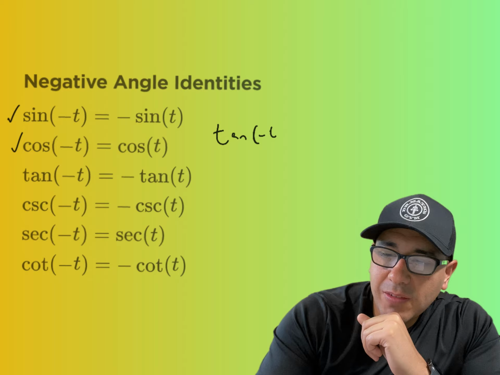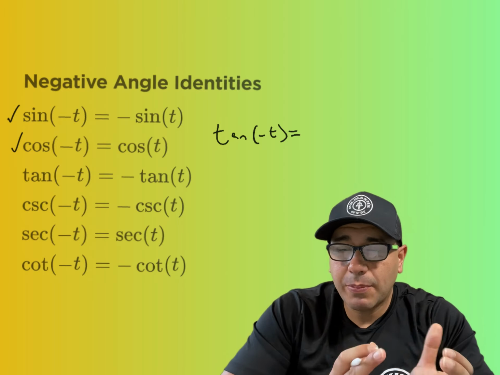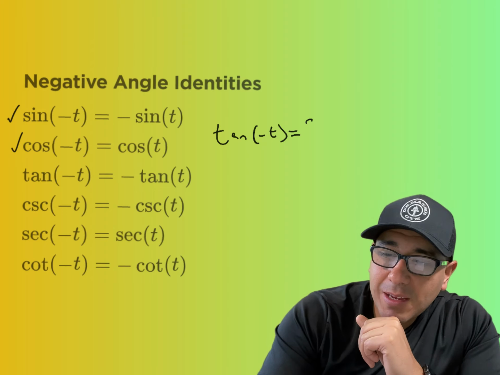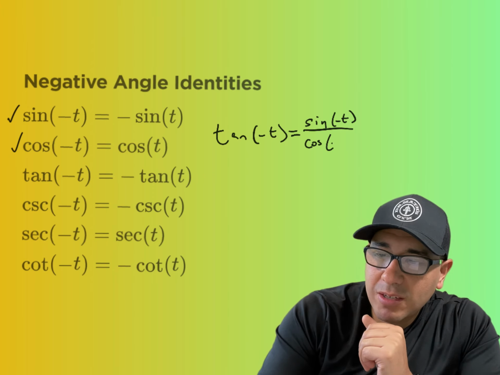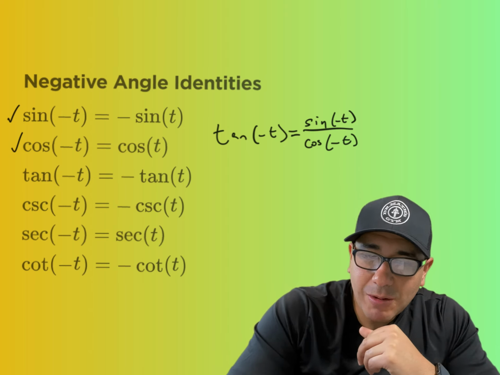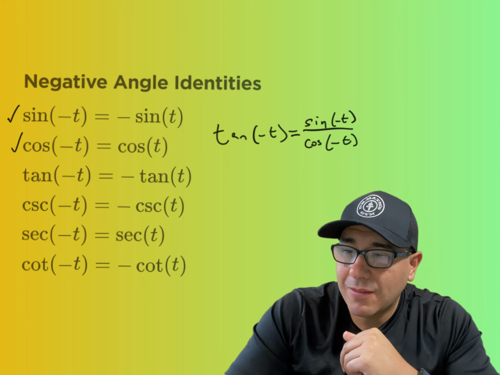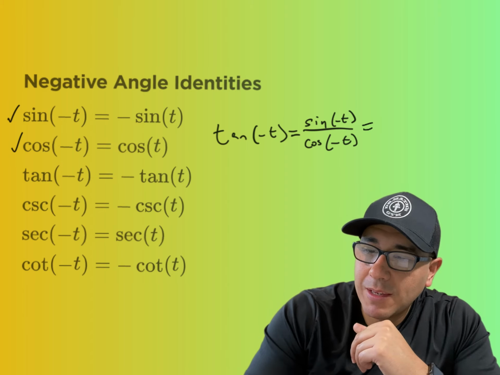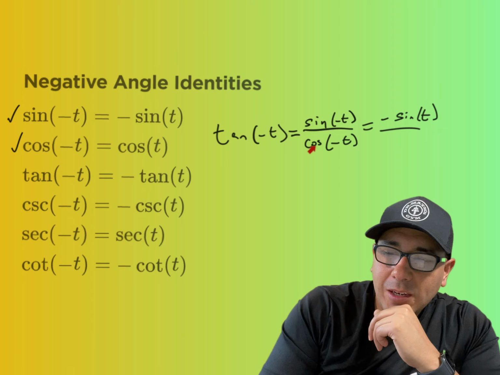So tangent of negative t. If we understand tangent and understand our past, we know tangent is the same thing as sine, and the input remains the same, divided by cosine. Tangent is sine over cosine. Now if we use our rules that we just looked at, we know sine of negative t is just negative sine of t. So this is the same thing as negative sine of t divided by cosine of negative t.